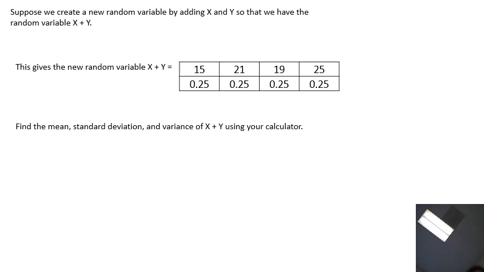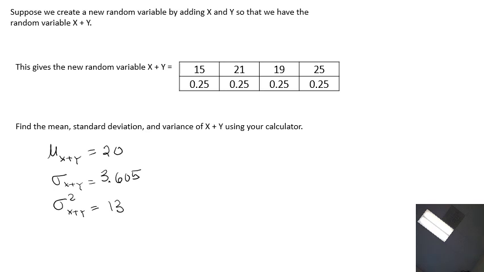When you do that, it turns out that the mean of x plus y is 20. The standard deviation of x plus y is 3.605. So the variance of x plus y is 3.605 squared, which is 13.